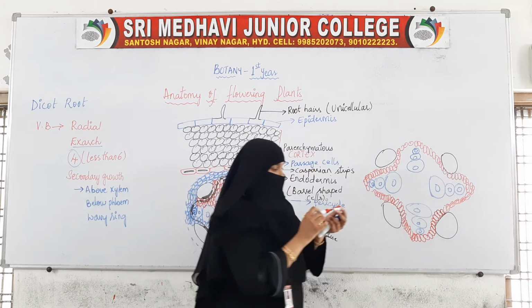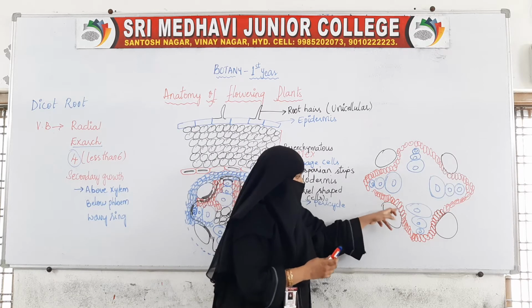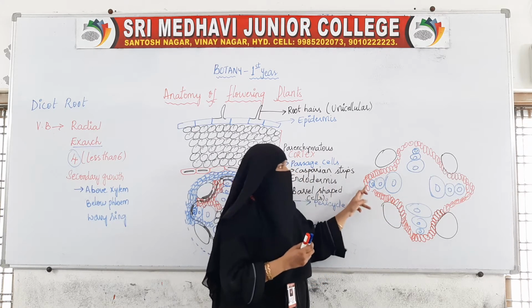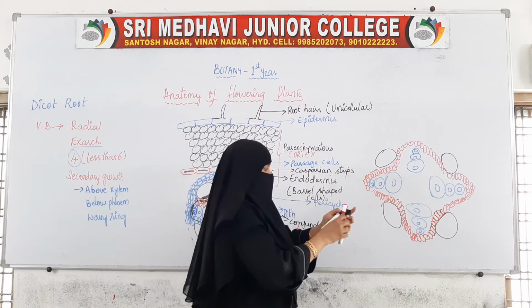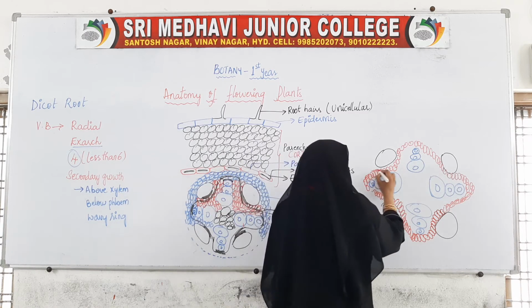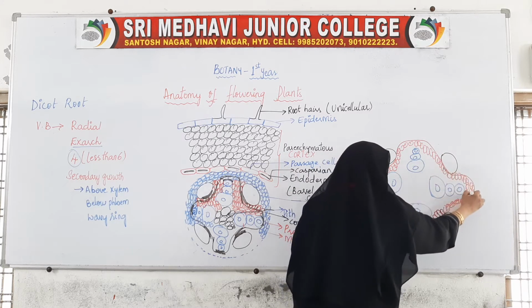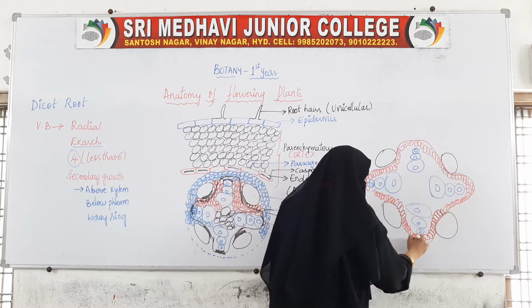So this is how the cells just below the phloem and the cells above the xylem, these cells, will now change into meristematic cells.